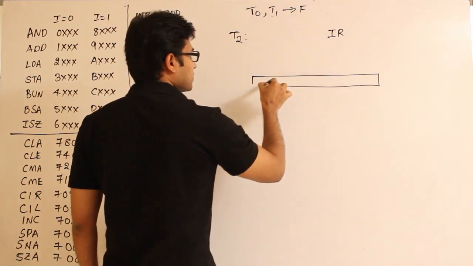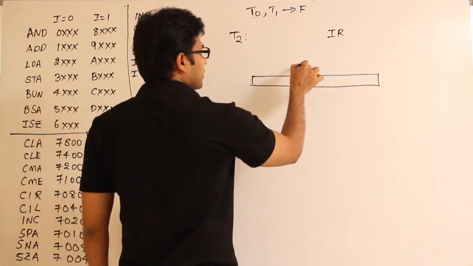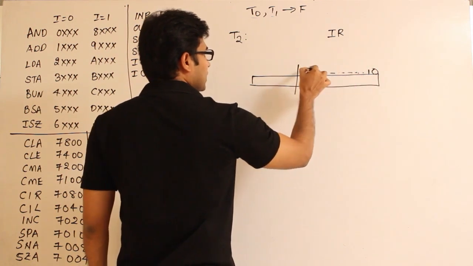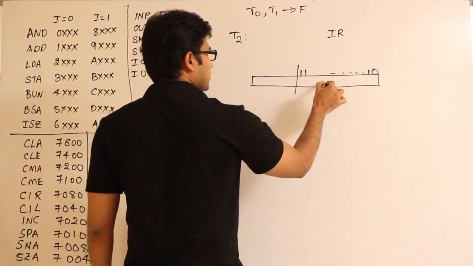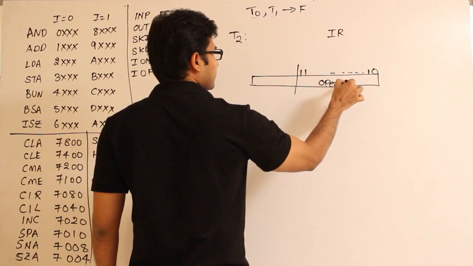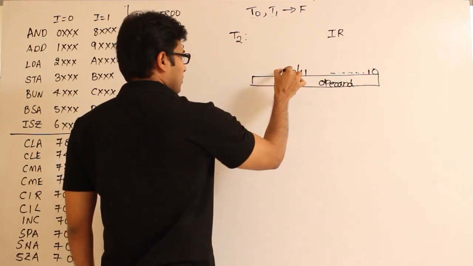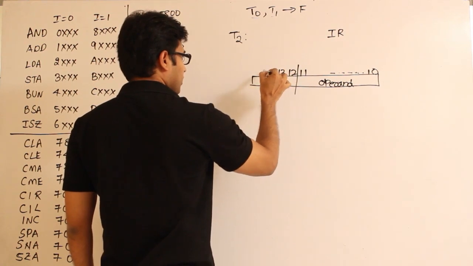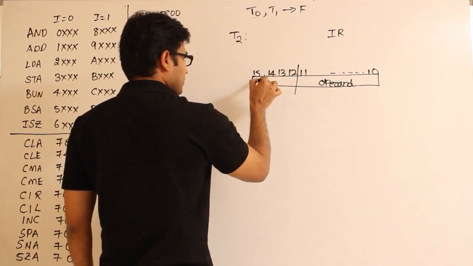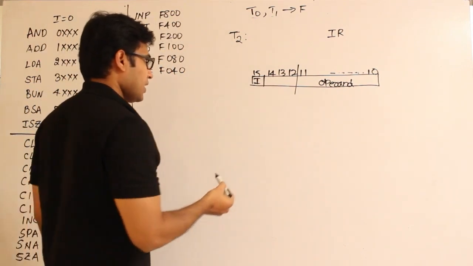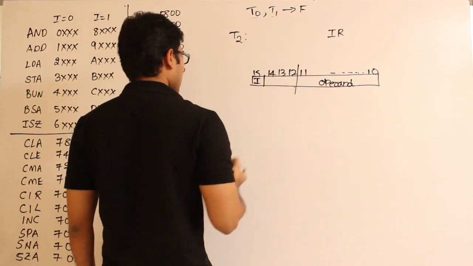I told you that from 0, 1, so on till 11, this entire thing is operand, right? And then 12, 13, 14, 15, and this bit is I, which is nothing but the addressing mode, and these 3 bits are opcode.